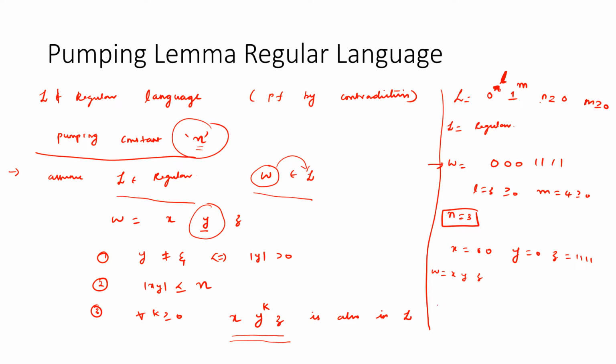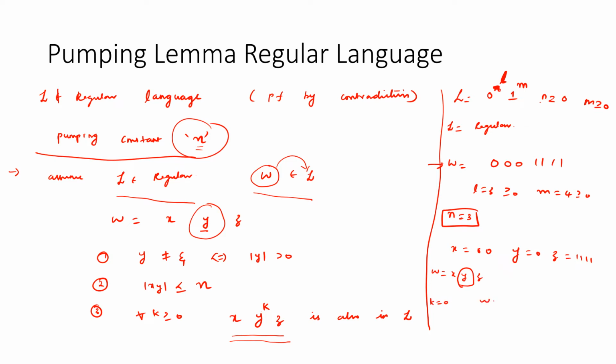Now, what does pumping mean? Pumping means that you repeat the portion y 0 or many times. When k equal to 0, you repeat 0 times, that is, you substitute y equal to epsilon. When k equal to 1, you repeat y exactly one time. And when k equal to 2, you repeat y two times. Let us see what will happen if k equal to 0.